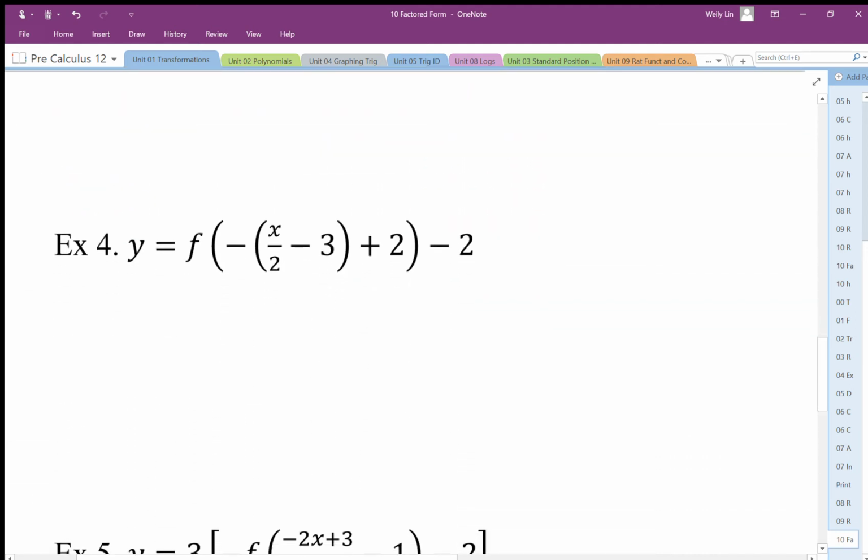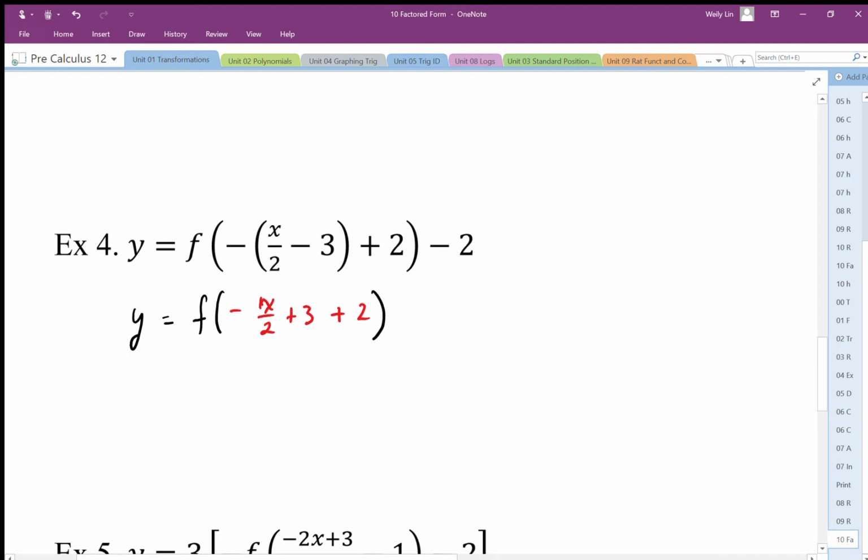So as it gets more complicated, it's going to be a little bit harder to factor, but we can still do this by rearranging the expressions. Okay, so what I'm going to do first is I'm going to get rid of all these inside brackets. Okay, all that inside stuff, I'm just going to get rid of all these brackets. So I'm going to end up with negative x over 2 plus 3 plus 2.